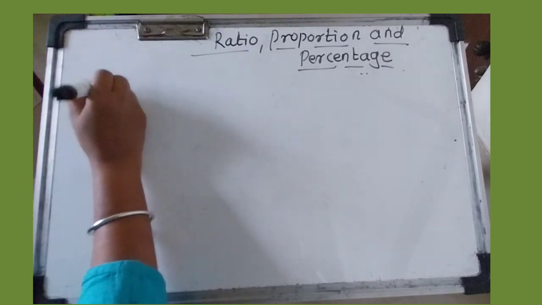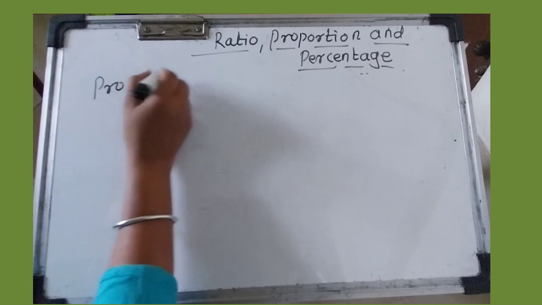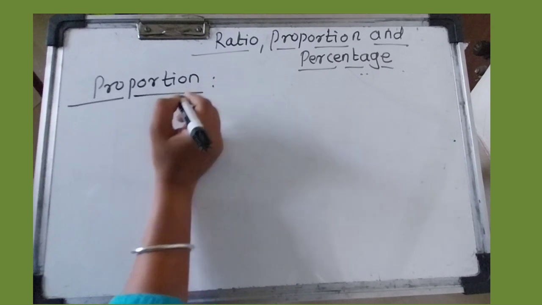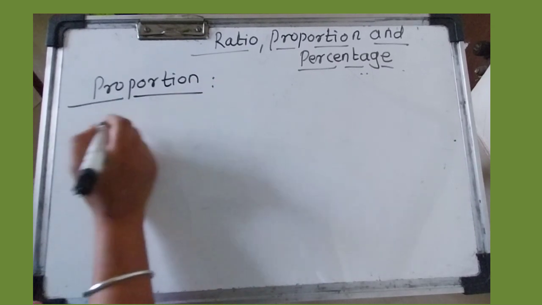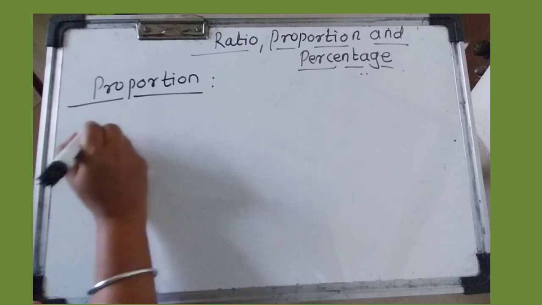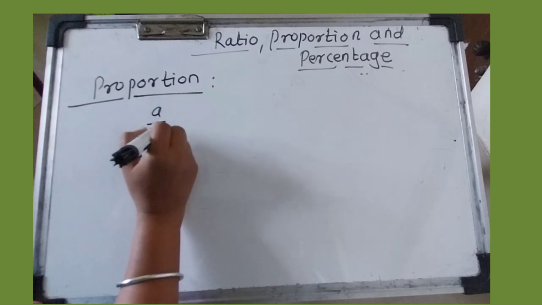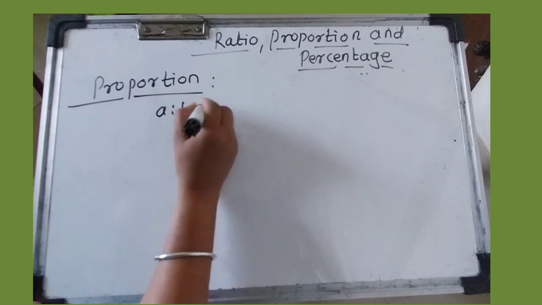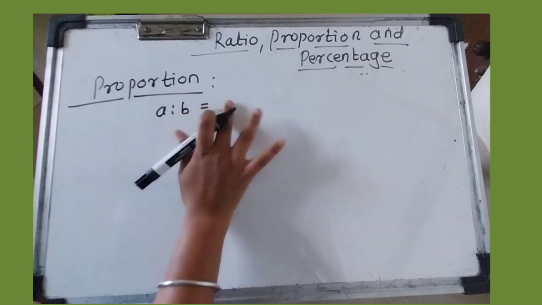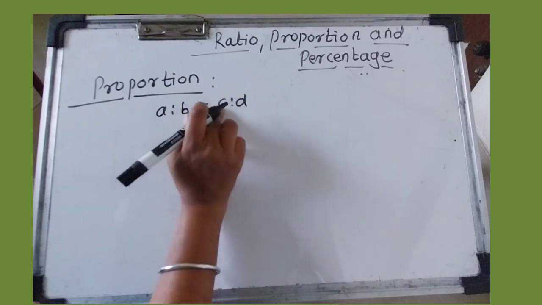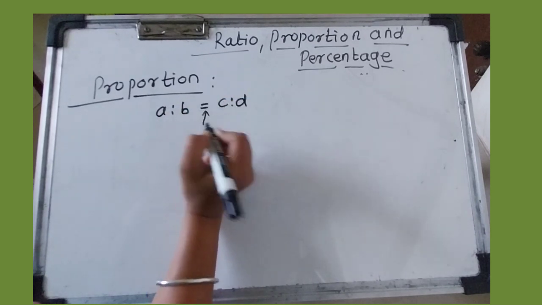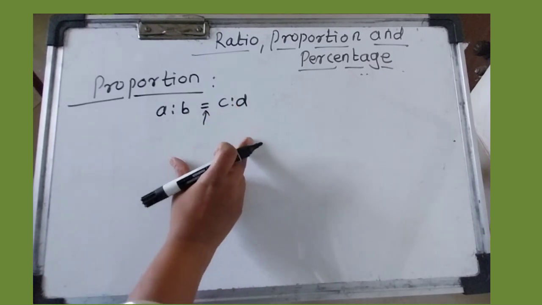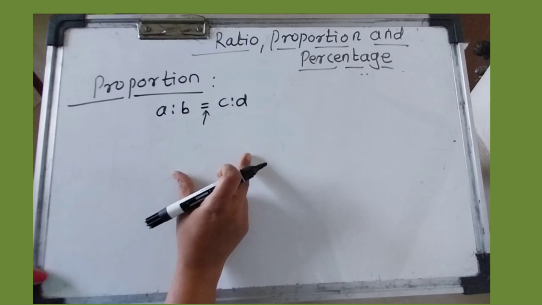Next topic is proportion. Very simple topic. If we connect two ratios by an equality sign, if A is to B equals C is to D, we can say that A, B, C, D are in proportion.